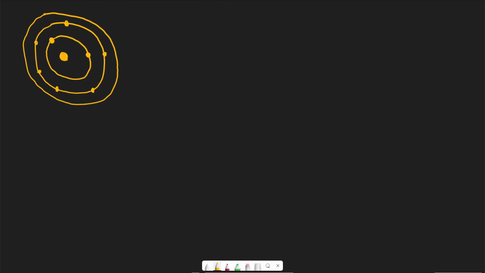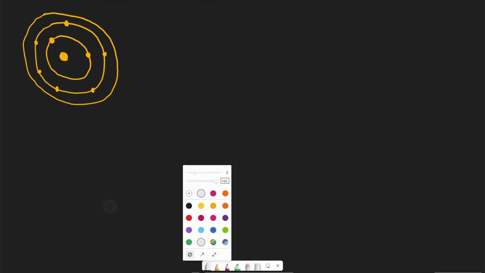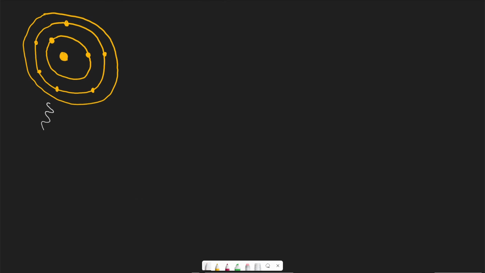So if an electron were to absorb some amount of energy, let's do the energy in white, and we'll draw it as an arrow, then the electron could jump up to a higher energy orbital. So it could maybe, for example, jump up here, right?